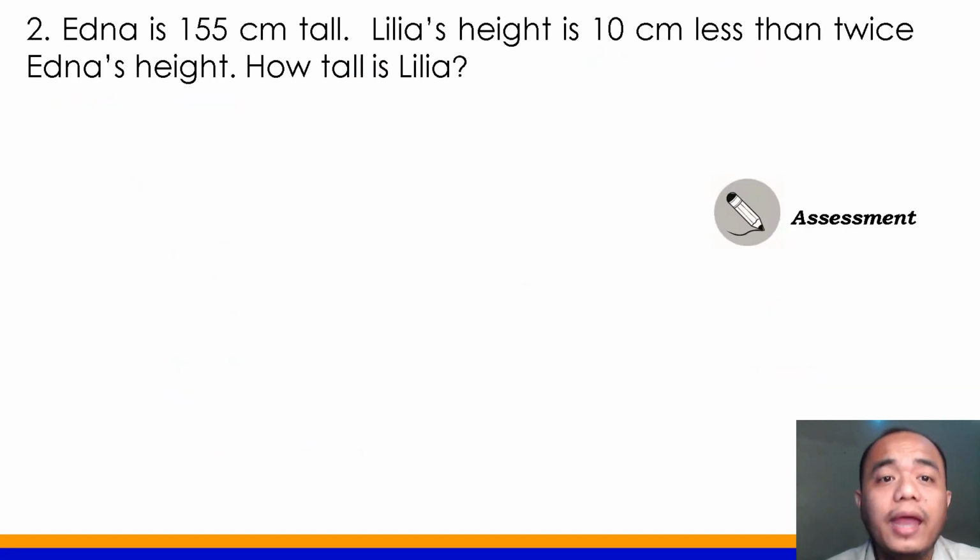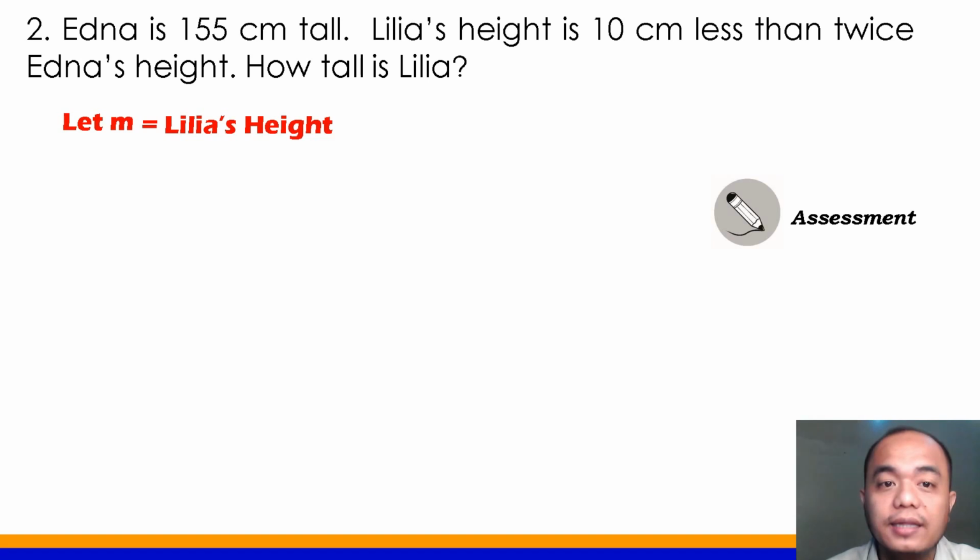Number 2. Edna is 155 centimeters tall. Lilia's height is 10 centimeters less than twice Edna's height. How tall is Lilia? Okay, again, we will make our equation. But before that, let us assign first variable for our missing term. Let's use m. That will represent the height of Lilia. And then here's the equation.